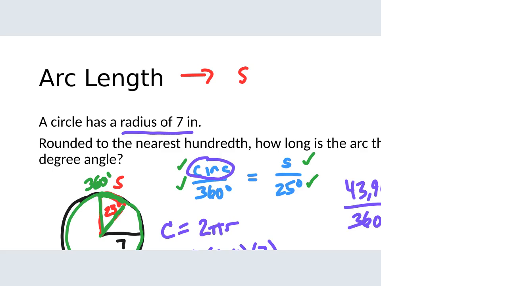Let's finish this up. We'll cross multiply. 360 times S is whatever 43.96 times 25 is, 1099. Then to get S by itself, we'll divide by 360 on the left and divide by 360 on the right. These cancel, leaving S, and dividing by 360, we get 3.05277.